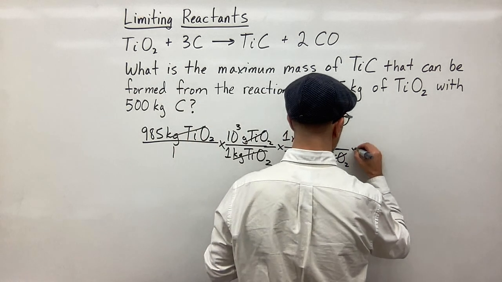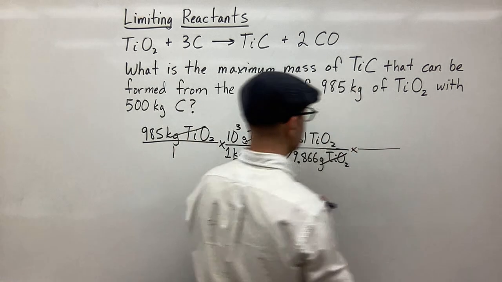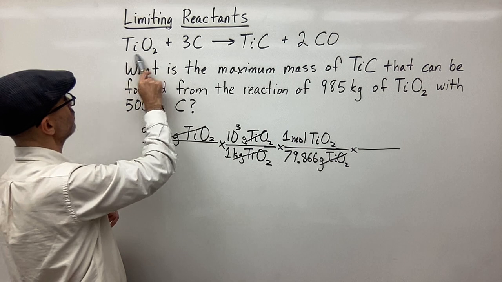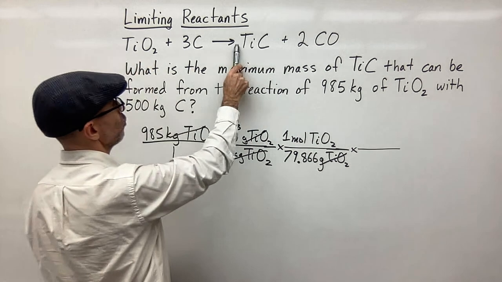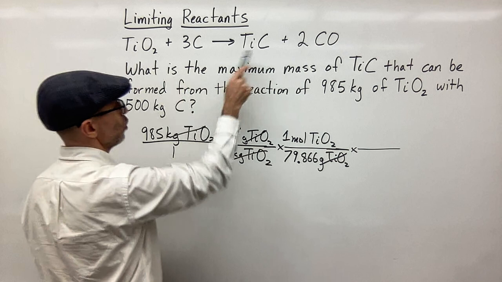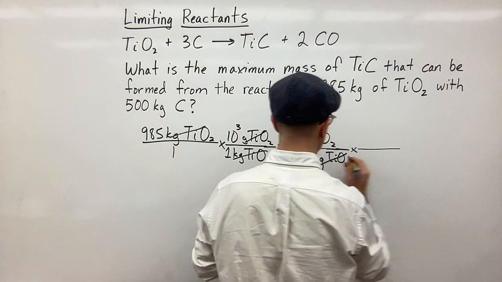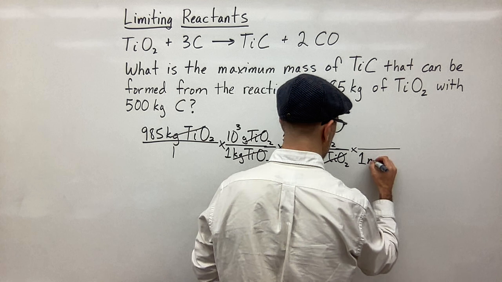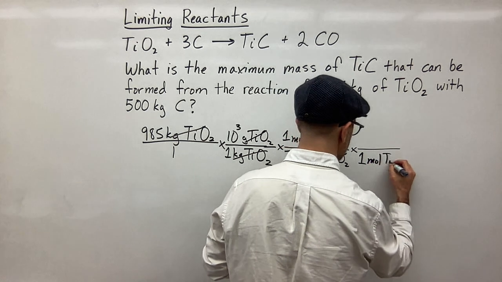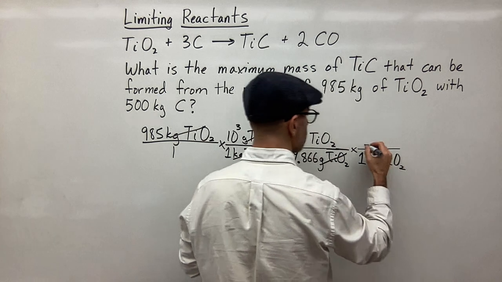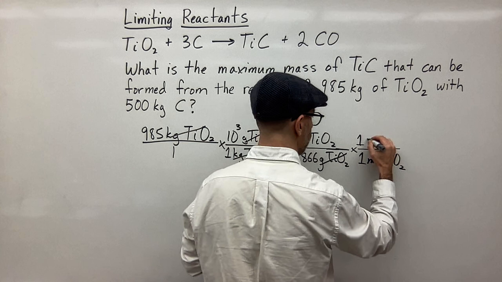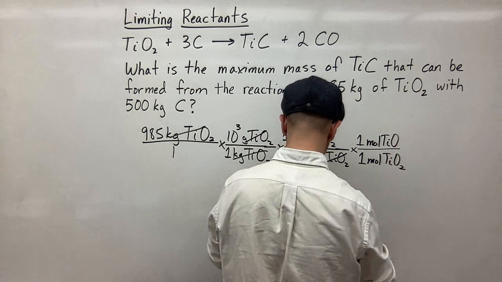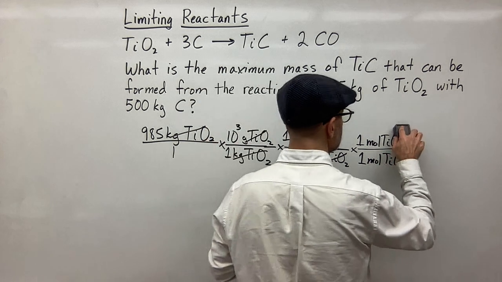So here I'm going to use the mole ratio in the given equation. Here I have 1 mole of TiO2 and 1 of TiC. So it's a 1-to-1 ratio. So on the bottom I have 1 mole of TiO2, and on the top 1 mole of TiC.